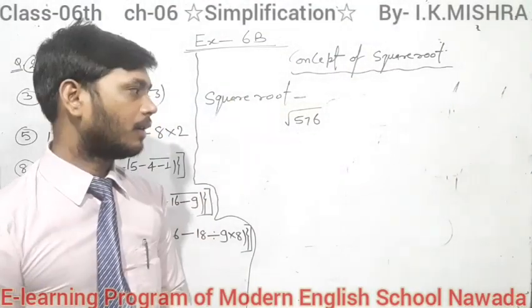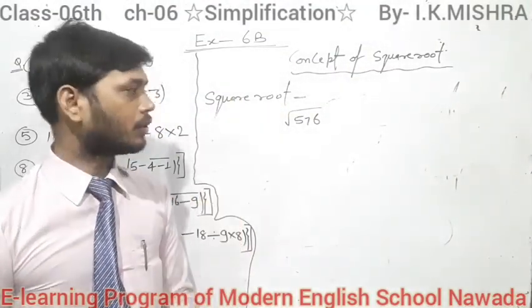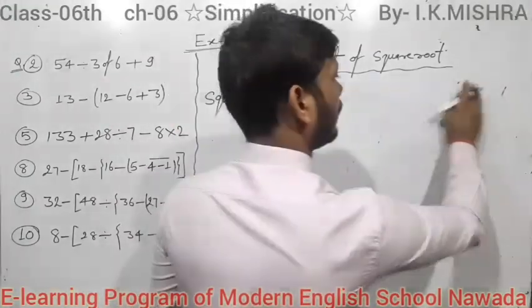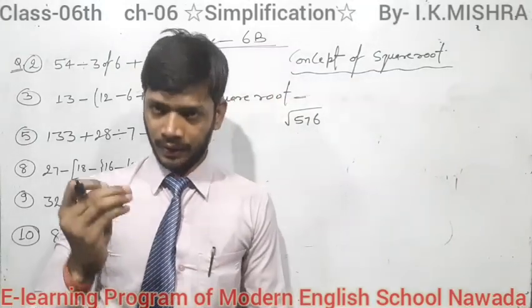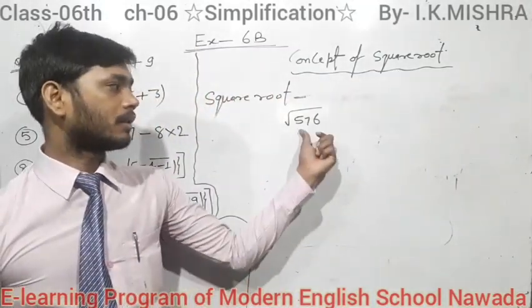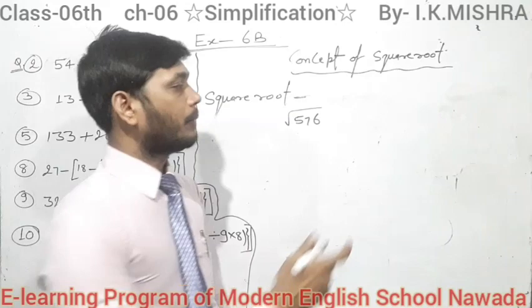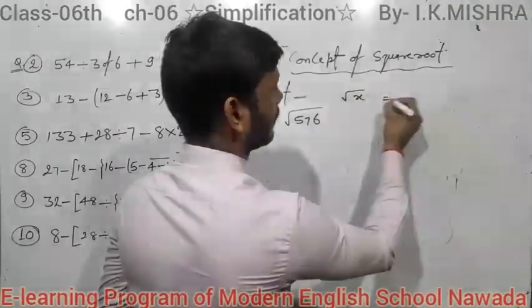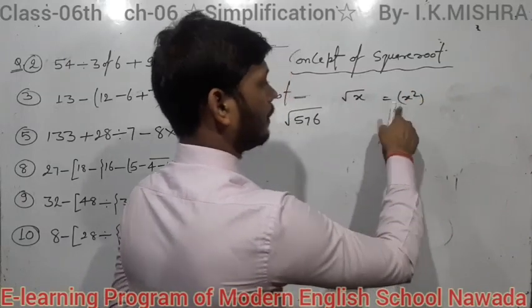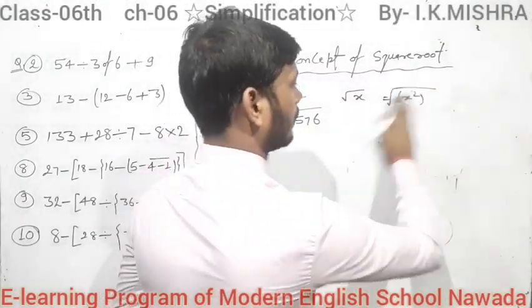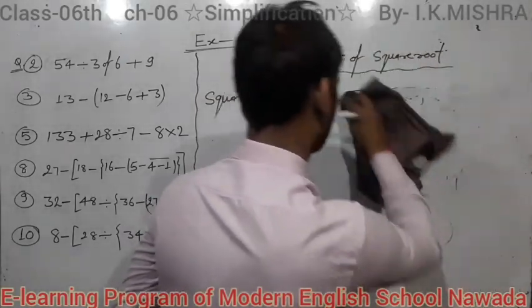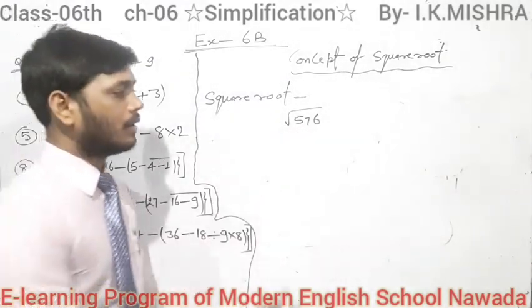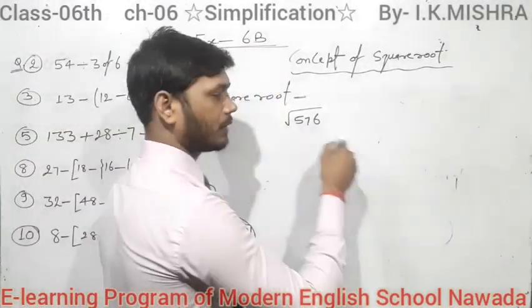Students always know that a number whose square root is an integer is a perfect square number. Here you have to find under root 576.